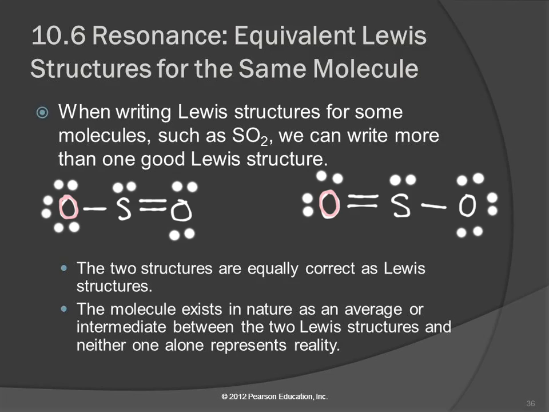And we can identify these in actual compounds. Here the double bond is with the white oxygen, and here the double bond is with the pink oxygen. Those are not exactly the same, but they both follow the instructions that we've learned for drawing Lewis structures. The actual molecule is between these and is neither of them.